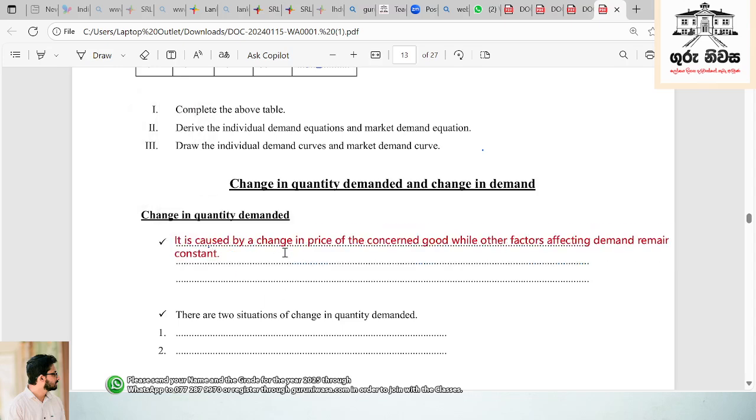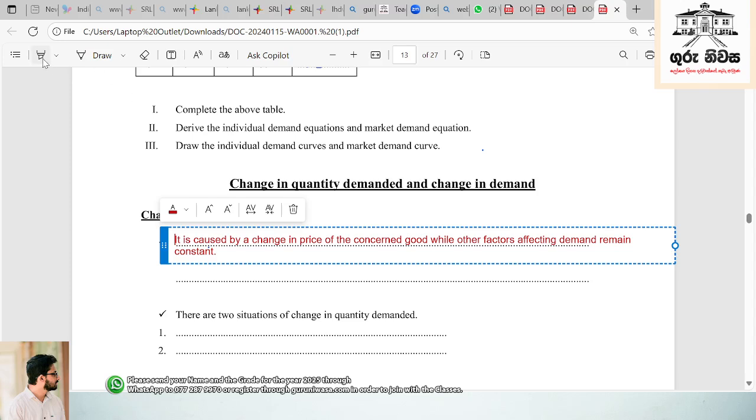Here highlight: it is caused by a change in price of the concerned good. Here only price changes.